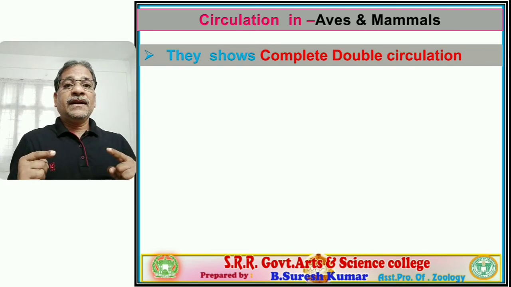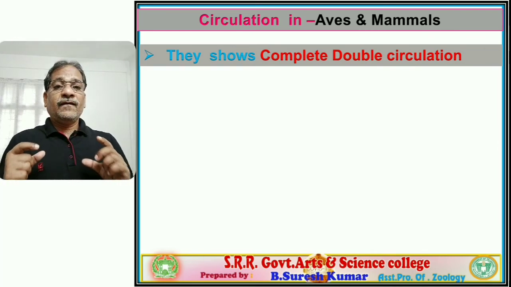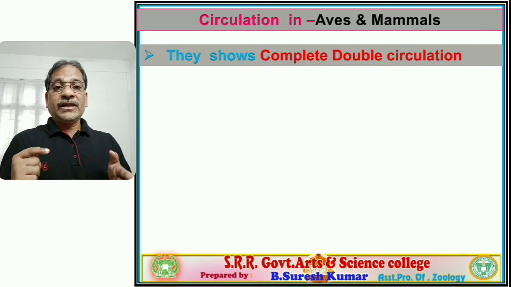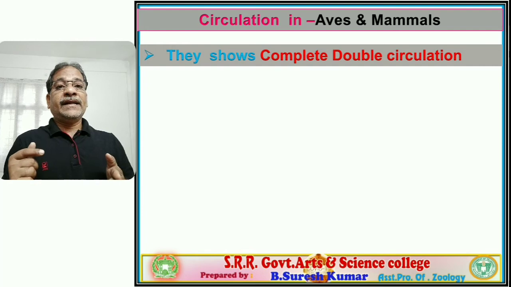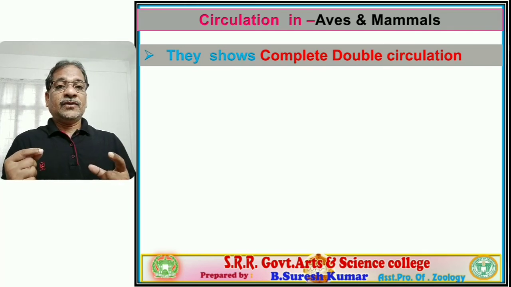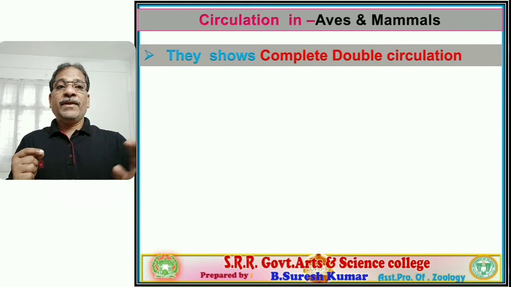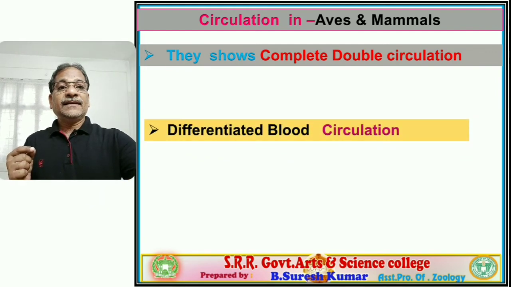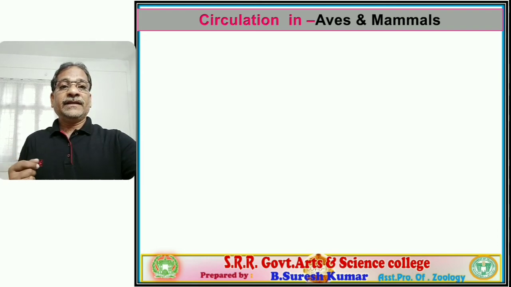They flow completely separately. Why? Because a vertical partition is present between atria and ventricle that never allows the mixing of the oxygenated and deoxygenated blood. So it is called what? Complete double circulation. Followed? So it is one more important thing, it is differentiated blood circulation. Why? No mixing of the blood.